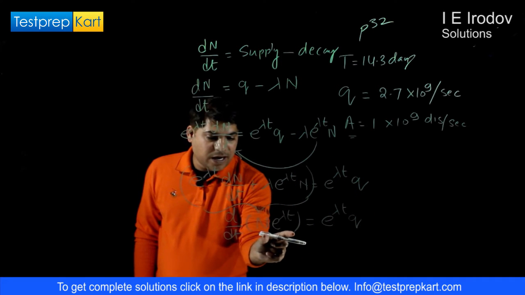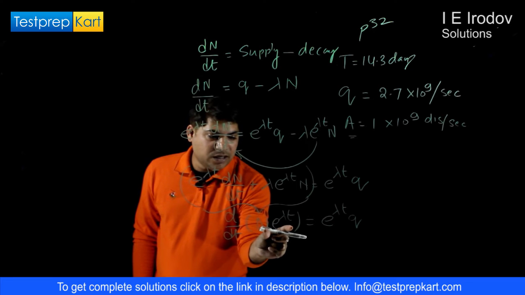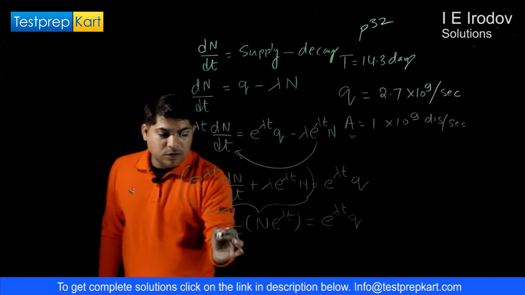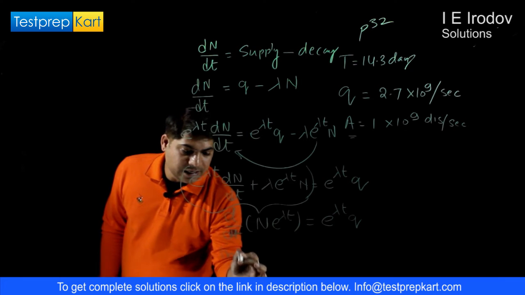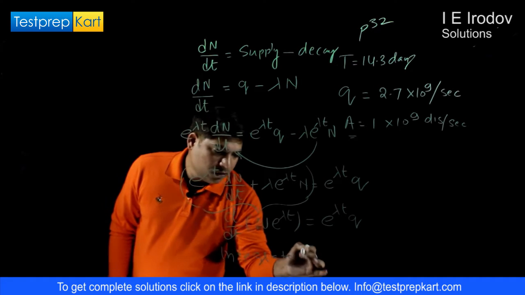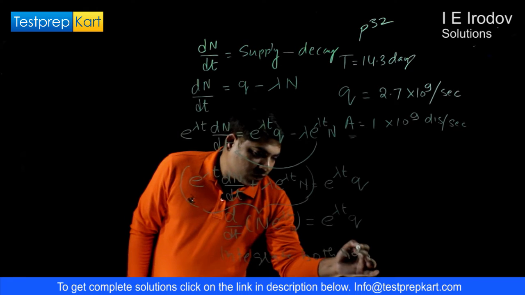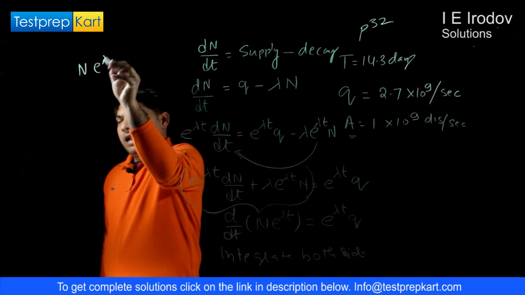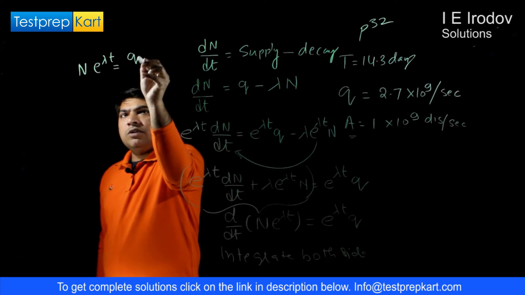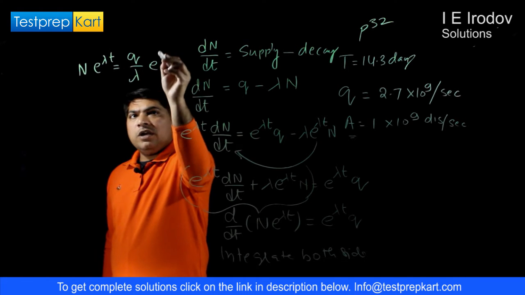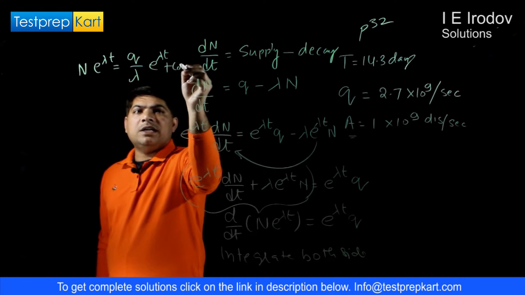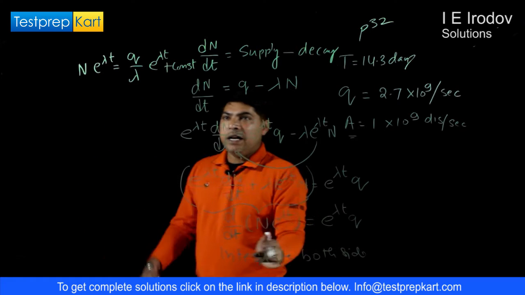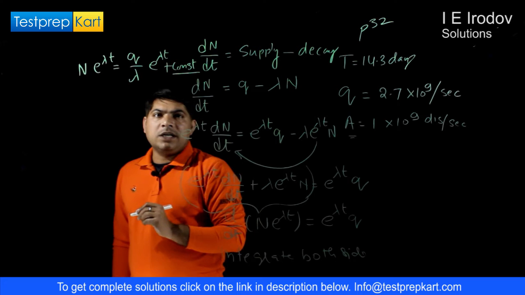So we may write that N e^(λt) equals the integration of the right side. Integrating both sides, we get N e^(λt) = (Q/λ) e^(λt) plus a certain constant. Because the limits are not known, we are performing an indefinite integral, so we need to introduce a constant term.